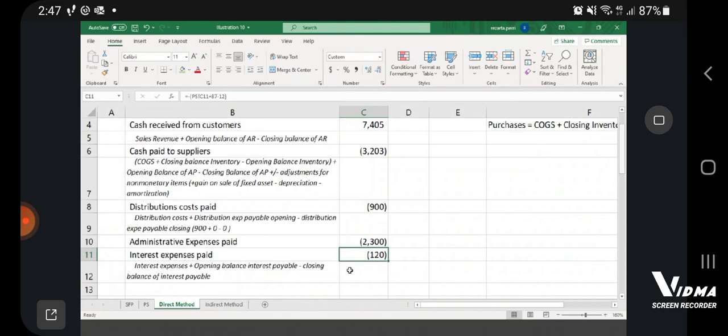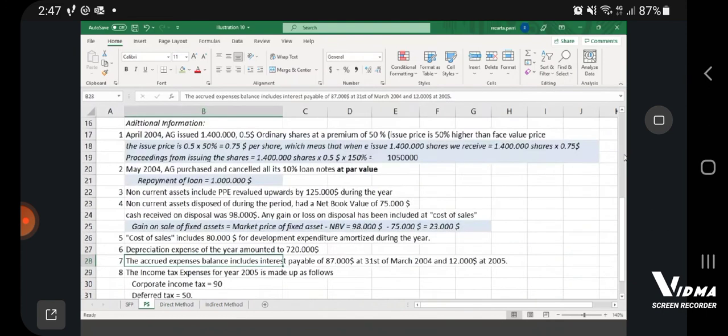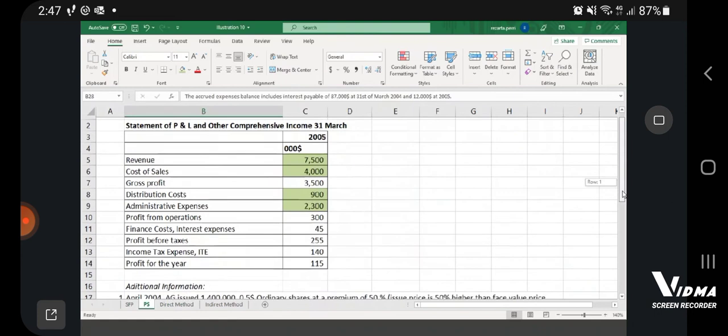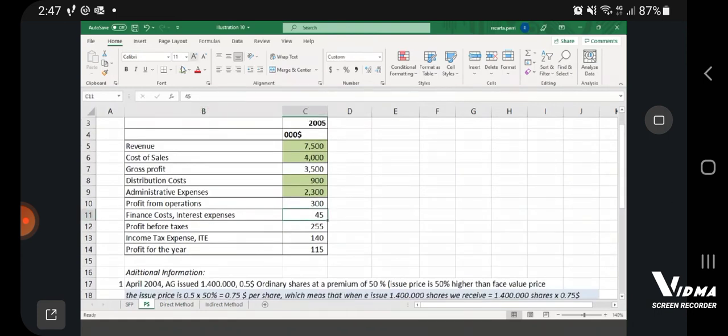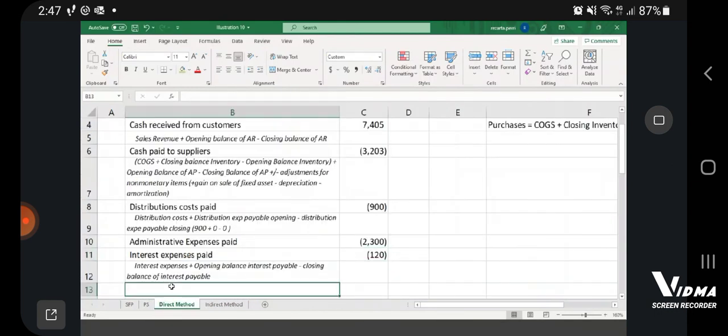Any question to that? We are coming to the end of the cash flows from operations. Okay, check, interest expenditure is taken into account. The last item over here that I need to take into account is the income tax expenses. So how to calculate for that, how to take that into account?